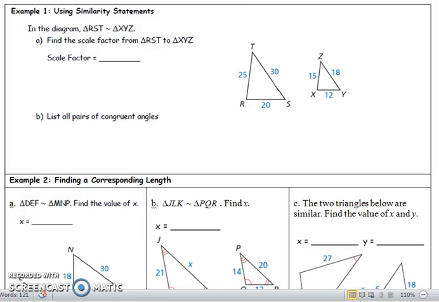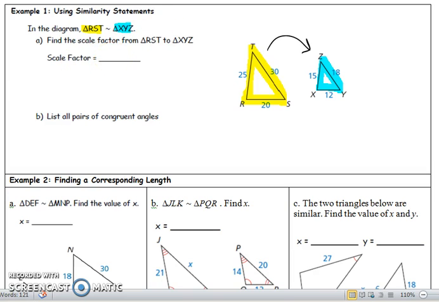Okay, so it says in the diagram we have that triangle RST, which is right here, is similar to triangle XYZ. Okay, we can look at this diagram and we can already make the observation that the triangle is getting smaller, so the scale factor should be between 0 and 1. And they want us to find that scale factor.